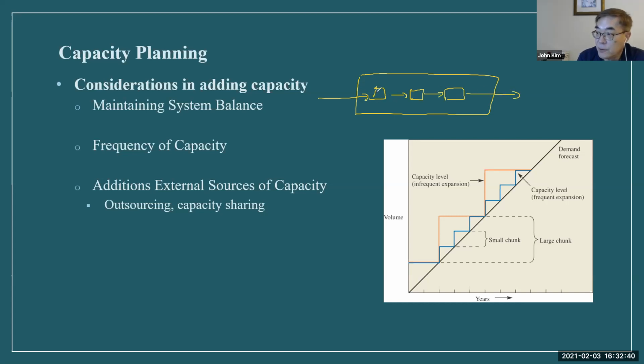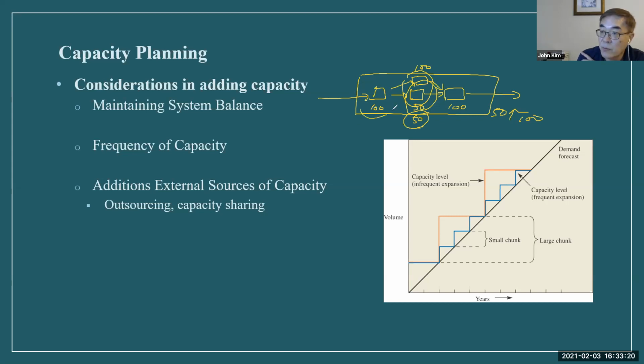The first work's capacity is 100 per hour, this one can make 100 per hour, this one can make 50, and this one can make 100. Then the total system capacity is only 50 because of this one. So to increase this one to 100, we need to add one more like this. Then this one can be 100.